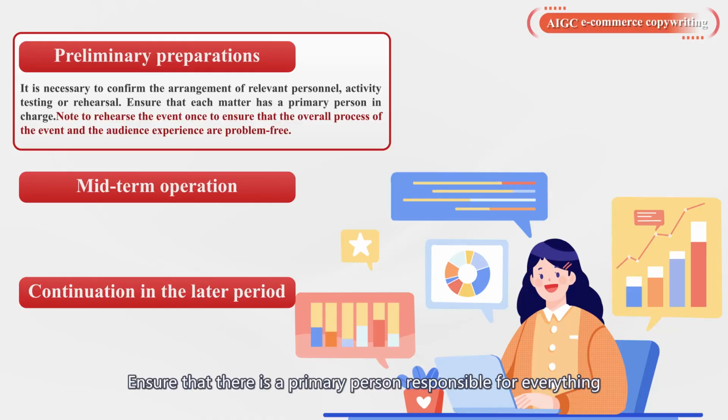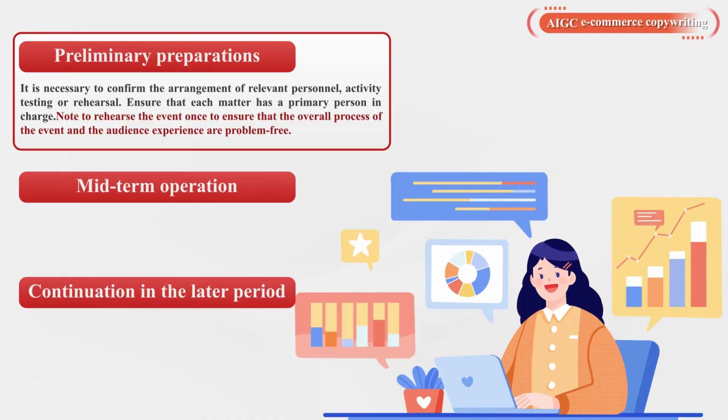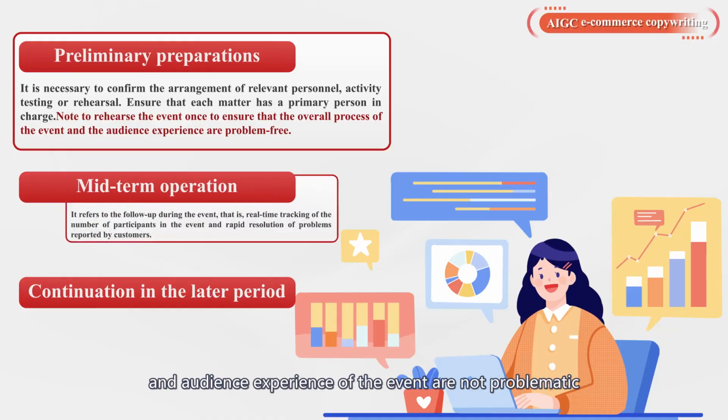Ensure that there is a primary person responsible for everything, such as who is in charge of material design, who is responsible for distributing prizes, who is responsible for handling customer complaints, etc. In addition, copywriters should pay attention to rehearsing an event to ensure that the overall process and audience experience of the event are not problematic.